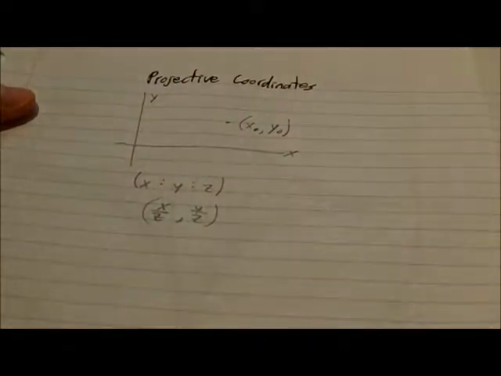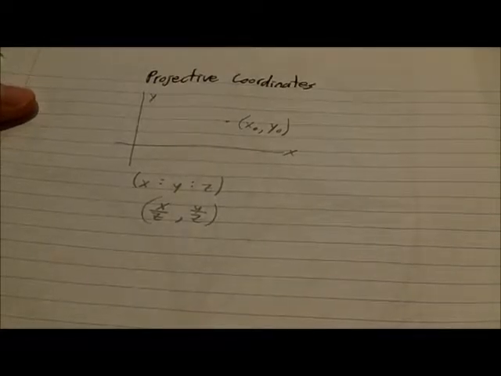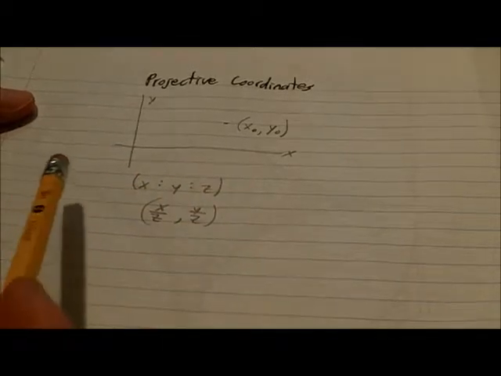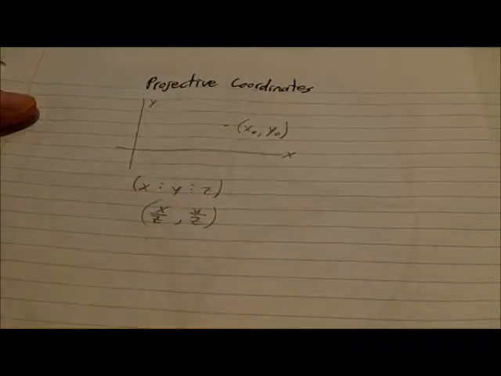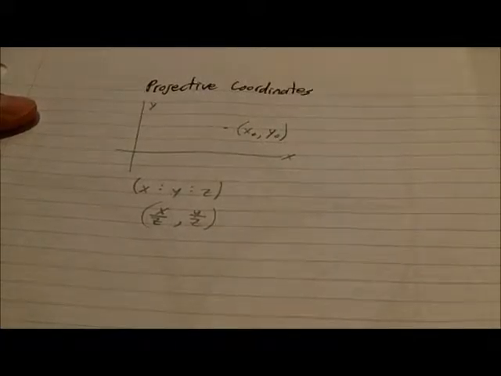So that is how we can look at projective coordinates in terms of x to z and y to z, and that tells us the location of a point on the projective plane.